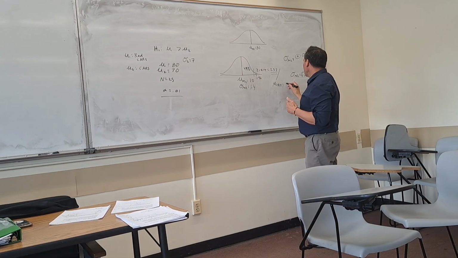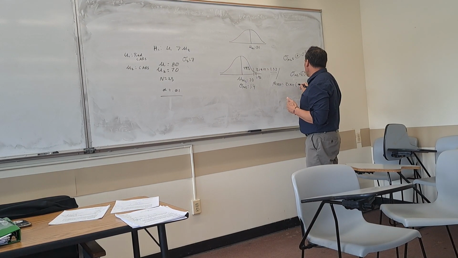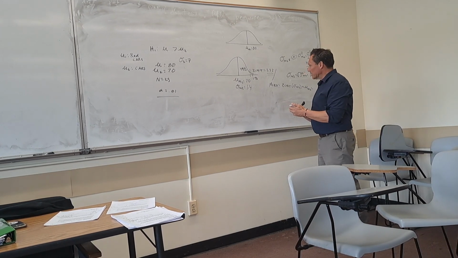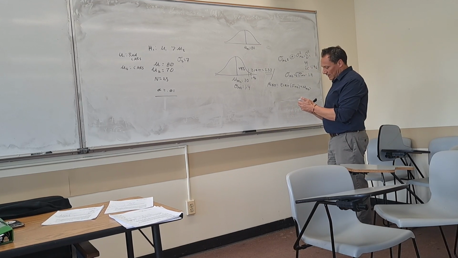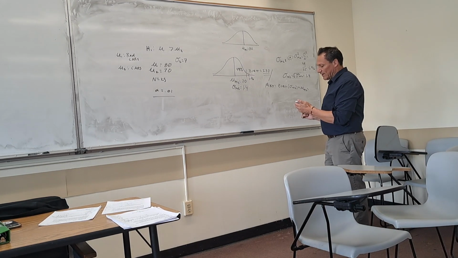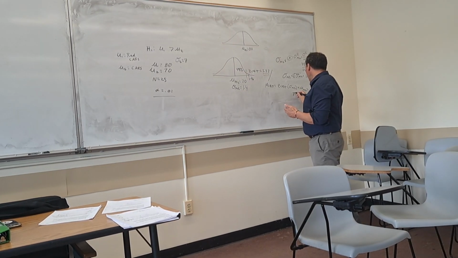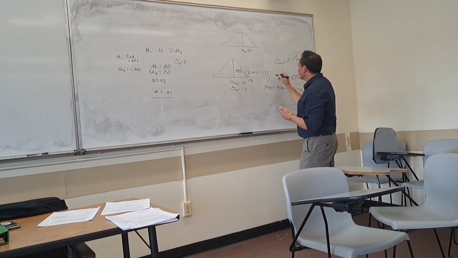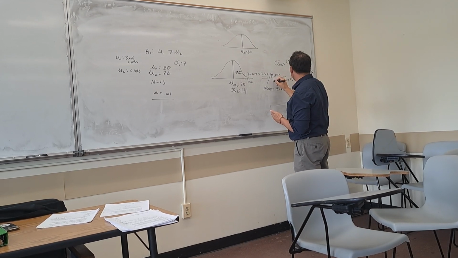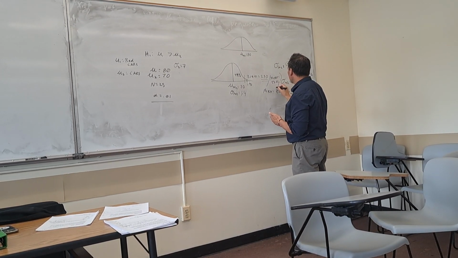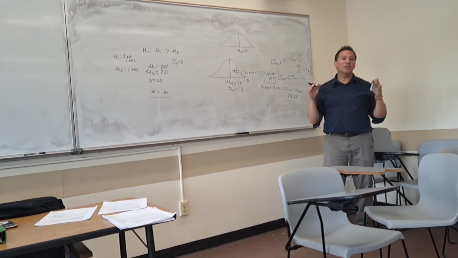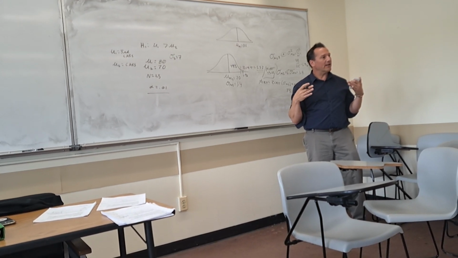M critical equals z critical times sigma sub m sub 2 plus mu sub m sub 2, which is 1.4 times 2.33 plus 70, which is 73.26.